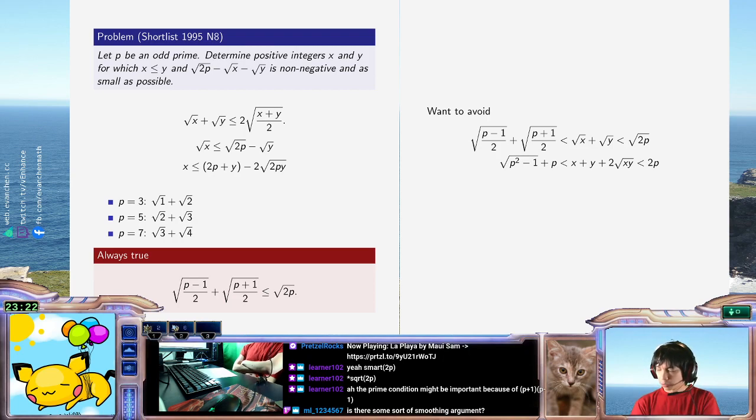Is this some sort of smoothing argument? How would you smooth?